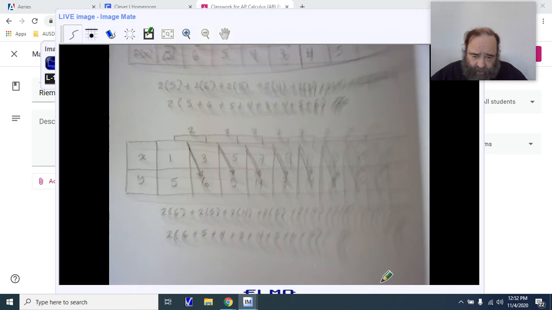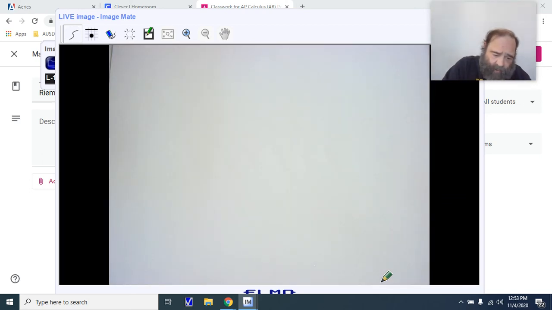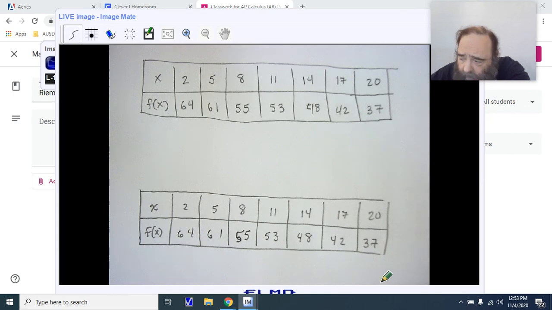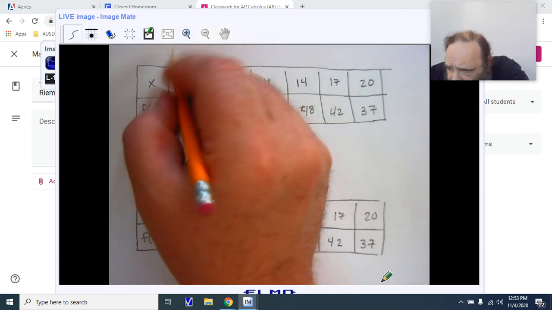Now there are still two other Riemann sums that we have. These Riemann sums are a trapezoidal Riemann sum and a midpoint Riemann sum. The midpoint Riemann sum works with the value between.